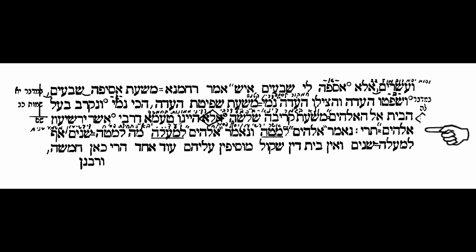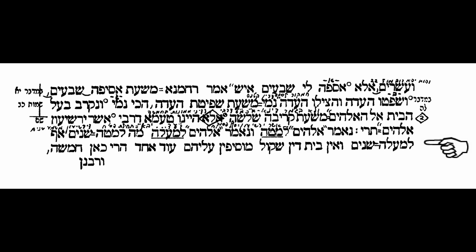It says toward the end of the pasuk Asher Yarshiun Elohim, V'ne'emar Elohim Lamala. And the earlier part of the pasuk said Elohim as well. Ma Lamata Shnayim, just like the end of the pasuk means 2. The pasuk said Yarshiun, which we said was the plural, meant minimum plural of 2. Af Lamala Shnayim. So too in the earlier part of the pasuk, where it said Ad Elohim Yavo Devar Shneim, it also means 2. So that's 2 plus 2 is 4.